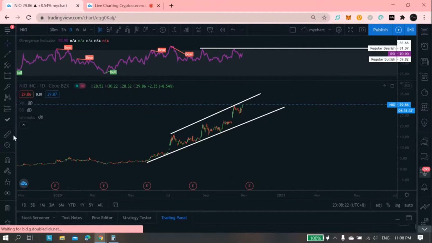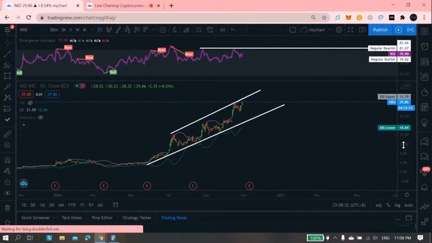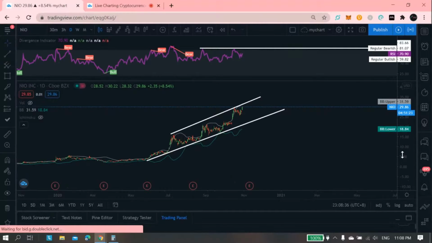Anyway, let's also add this Bollinger Band. Yeah, the upper band is 31.59 and currently it's trading around $30. So there's already just a small upside here. So I'll just wait for pullback and possibly enter at a good entry point.